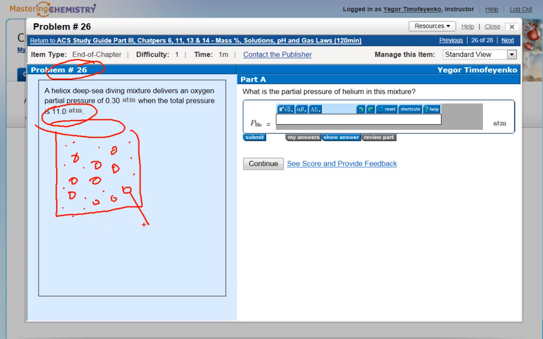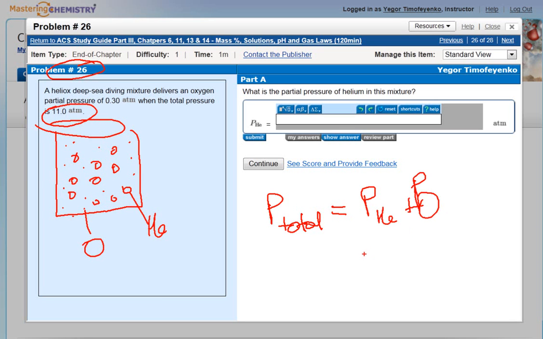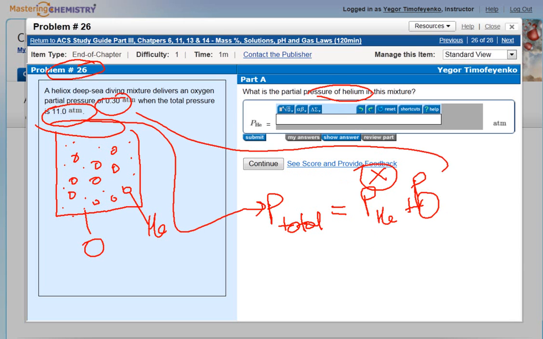The total pressure, P total, is equal to the partial pressures of the individual gases, helium plus oxygen. We are asked to find the partial pressure of helium; we don't know that, so that's my X. We do know the total pressure and the partial pressure of oxygen.